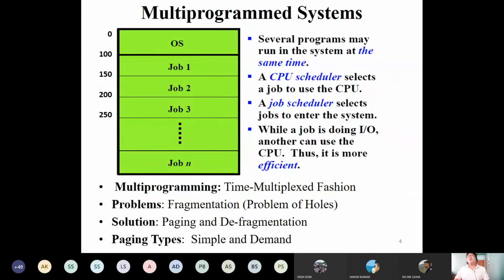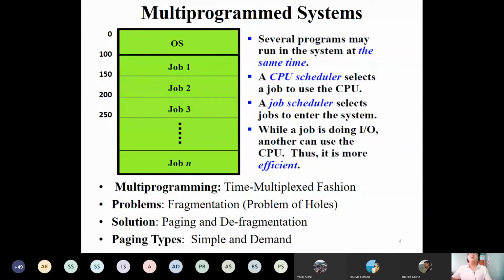Now here two important terms you need to remember: CPU scheduler and job scheduler. Job scheduler you have already encountered. The job scheduler is the program inside the operating system which has the ability to select one or multiple jobs at a time from the job pool.